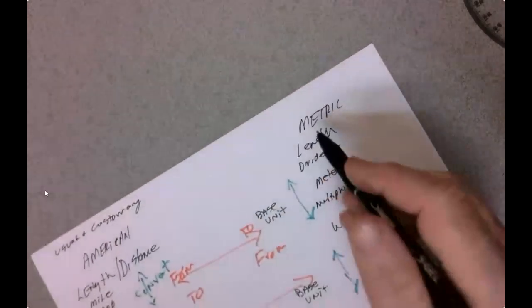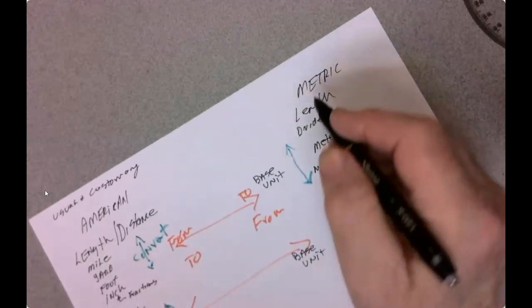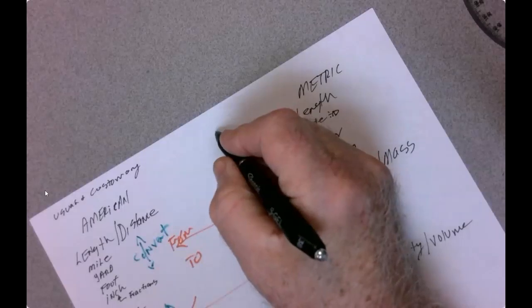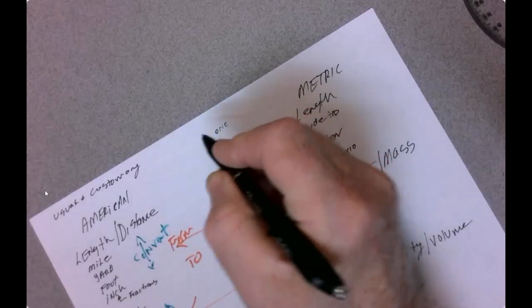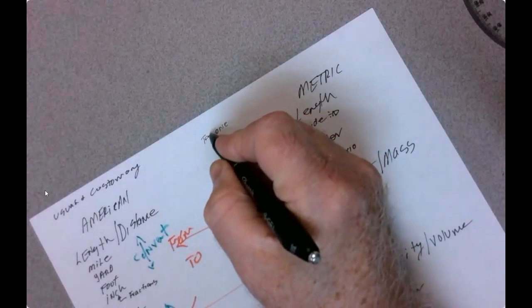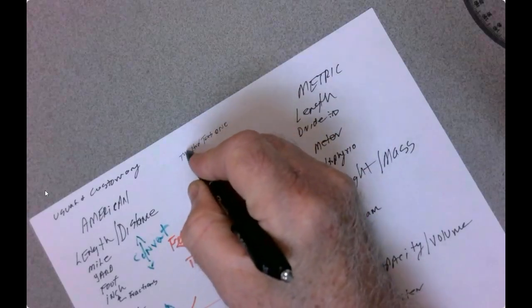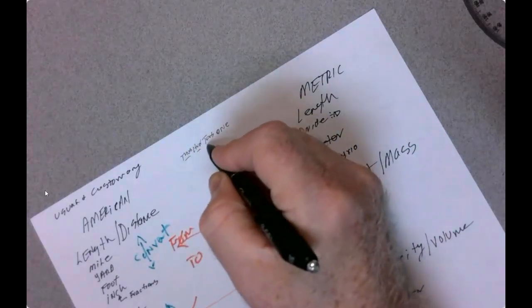In many ways, the metric system is very similar to our place value system, which we studied in chapter 1, where we had the ones, and then we had tens, we had hundreds, we had thousands, and I'll stop there.